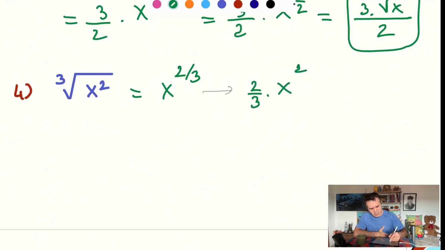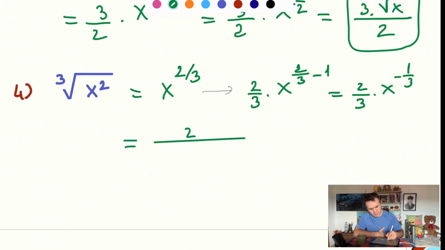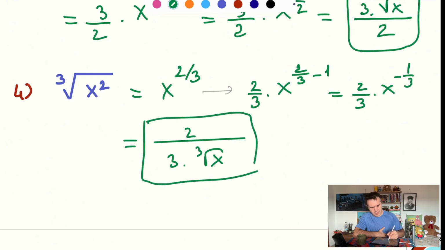Then we subtract 1 from the exponent, and this will be equal to 2 over 3 times x to the power of minus 1 over 3, and this is equal to 2 over 3 times cube root of x. And this was the last example.